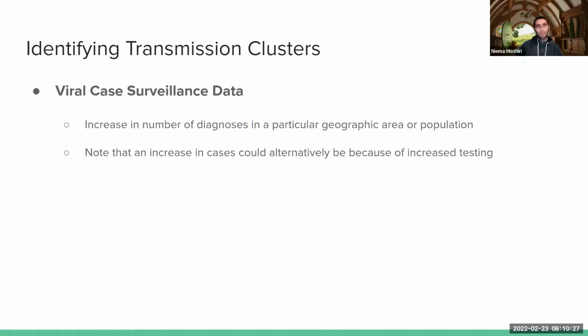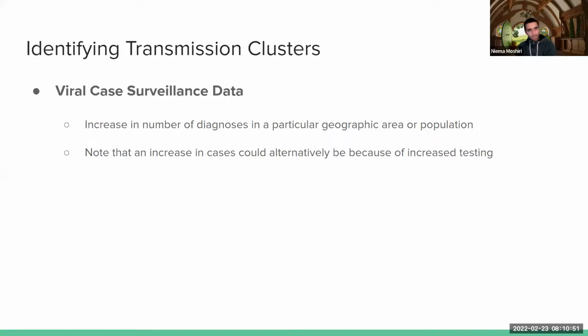However, one thing that I want to emphasize with regard to viral case surveillance data is that increases in the case count might not actually be because more people are getting infected than before. It could be because of increased testing. This was especially something that we saw with the COVID-19 pandemic. Early on in the pandemic, it was extremely hard to get your hands on tests.